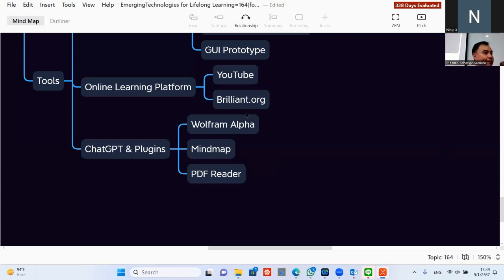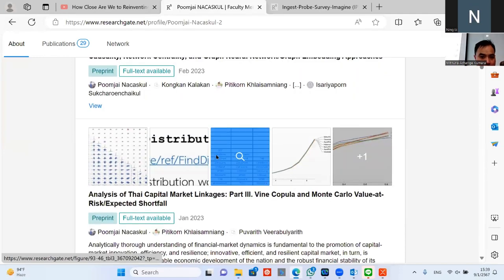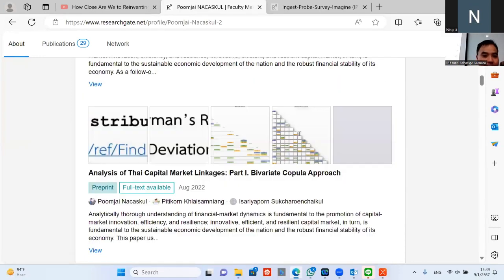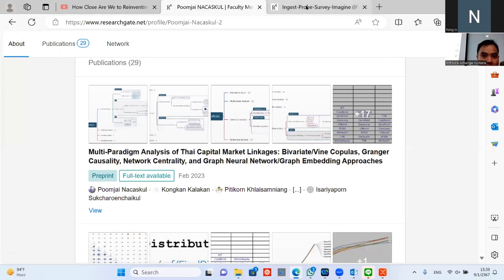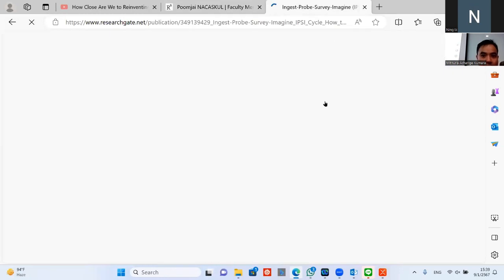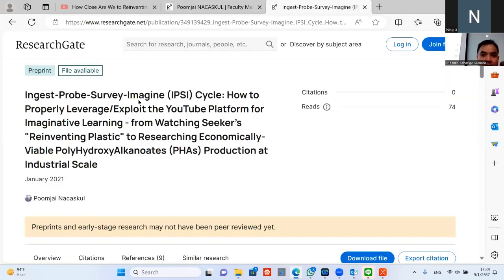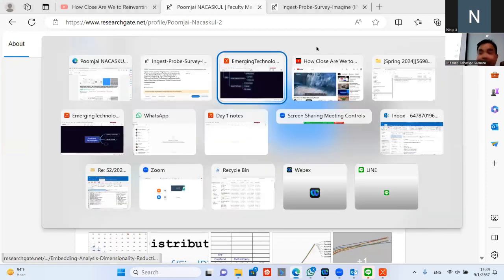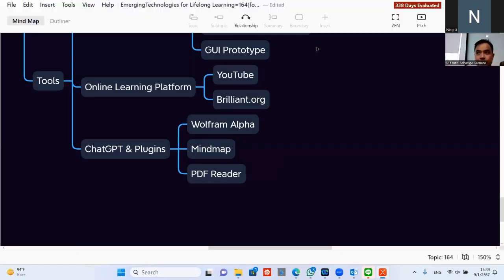Okay, so here, what I want to do is give you this. This is an example of what I did earlier for you, for this class, actually. By the way, do think about it: if you're willing to pay for the ChatGPT plugin, it's only a few hundred dollars a month, I think.